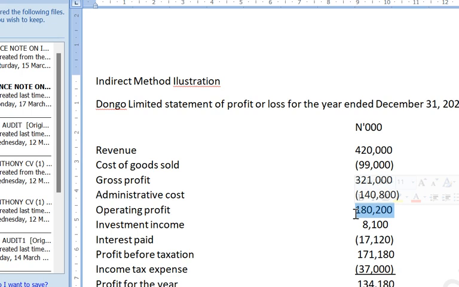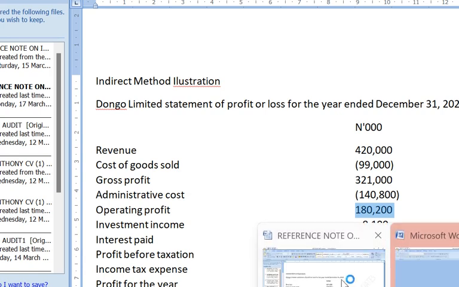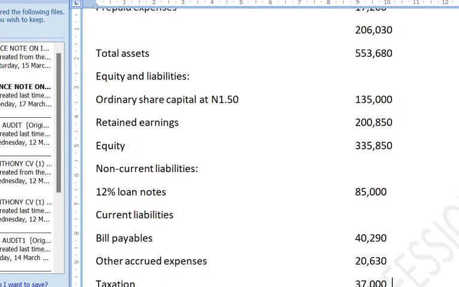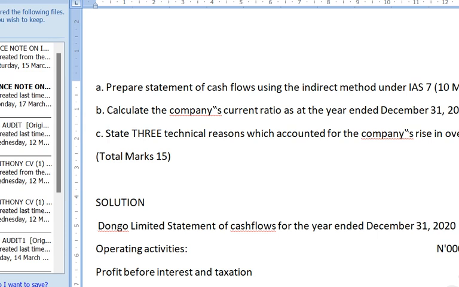That's profit before tax, 180,200. That's what we're supposed to use. So please take note of that. Thank you so much.